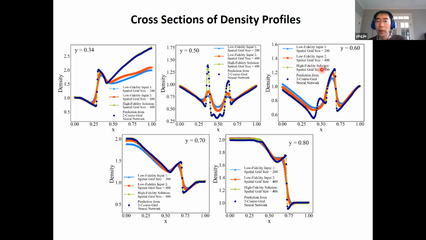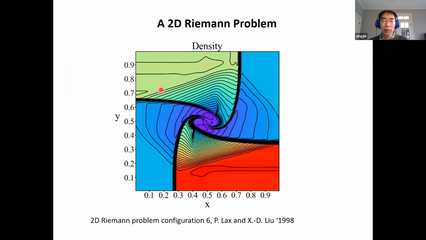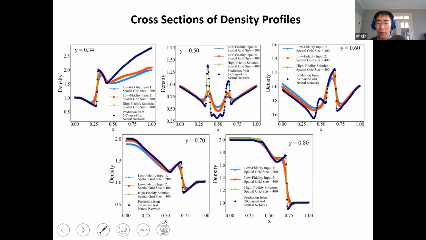And this is the cutoff at y equal to 0.6, about here. You can see the blue and the red input solutions are pretty bad. However, the dark blue, the predicted solution by the neural net, captures the green one very well. And this is y equal to 0.7 near the top.